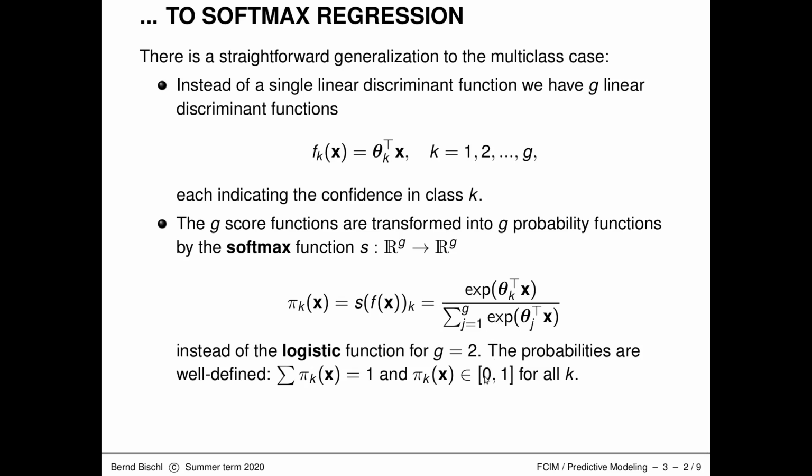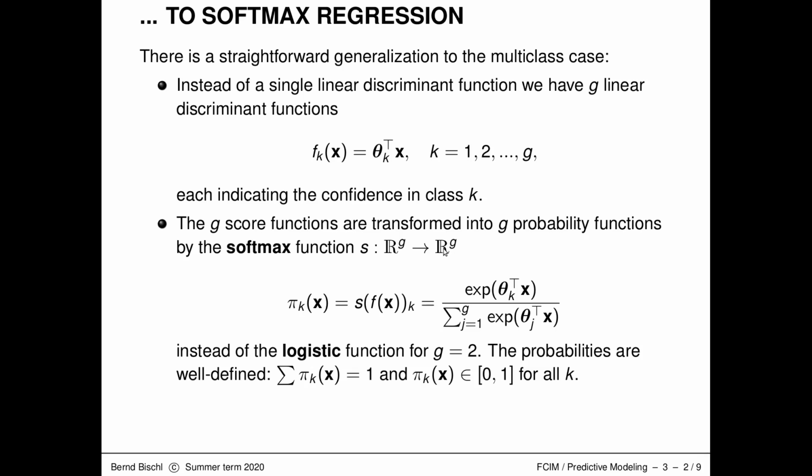And if I sum them up over all G classes, I will always obtain 1. This is the reason why we can see these as encodings of our posterior probabilities, and why our G-dimensional score vectors are transformed into G-dimensional probability vectors.